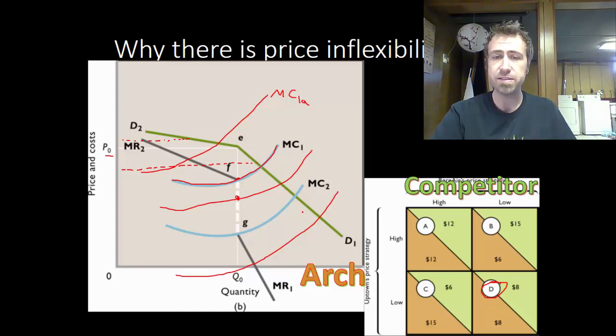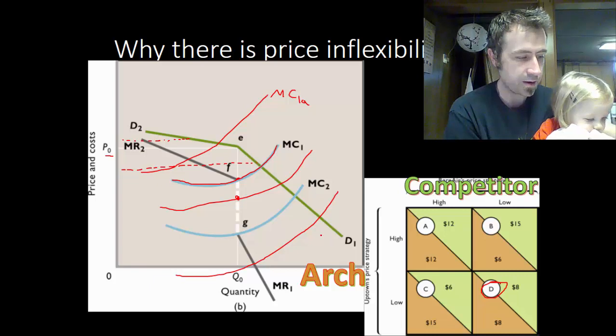So yes, there is some incentive to go lower because you gain more market share from the other competitor. If they have a high price and you have a low price, people will buy your product instead of their product. So there's incentive to lower the price, but again, not for profit's sake, for market share's sake. And so in the long run, you wouldn't lower your prices.